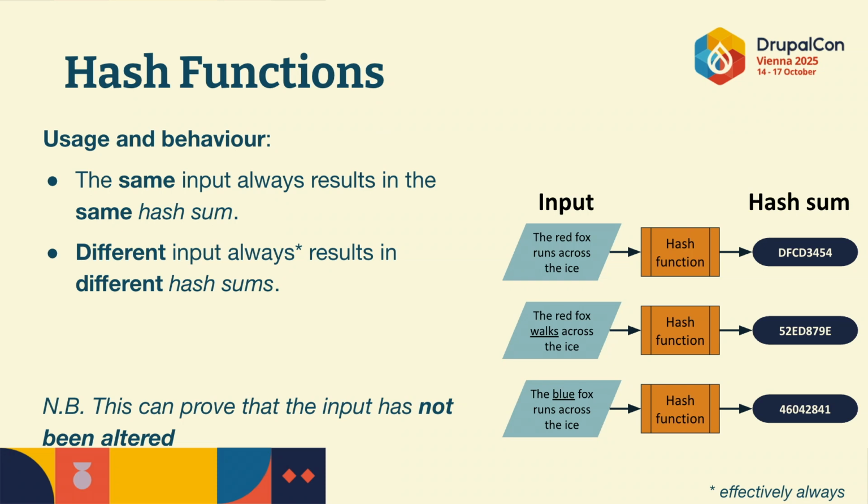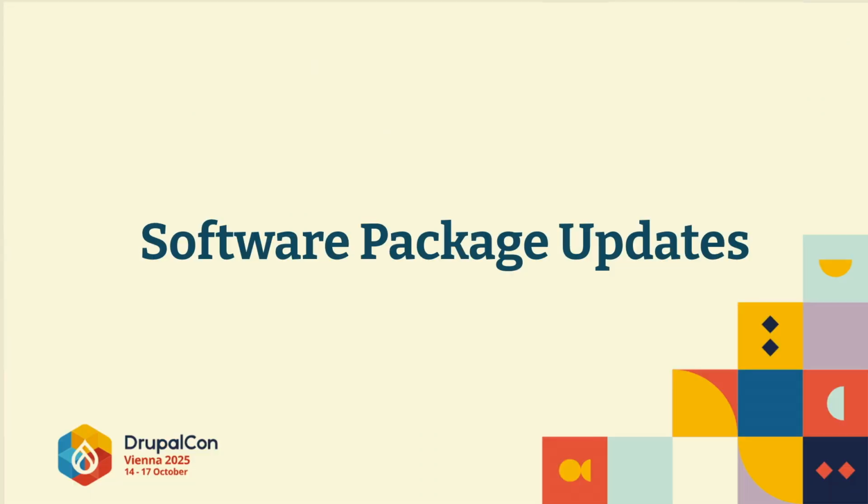I have the data that I want to make sure is correct. I pass it through the correct hash function, it comes out with a hash sum, and I compare it to the place I downloaded it. Those match. I know that the copy I have is legitimate. So now we're starting to get much closer to what we're trying to do when we're downloading packages off of Packagist or Drupal.org and making sure that they haven't been hacked along the way.